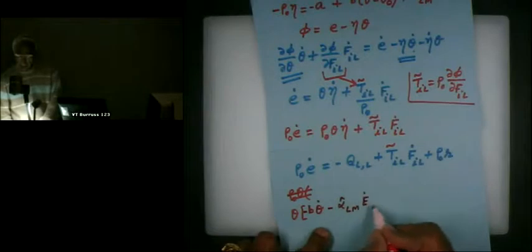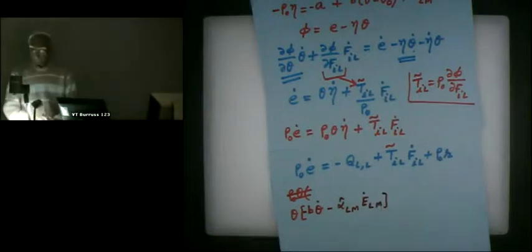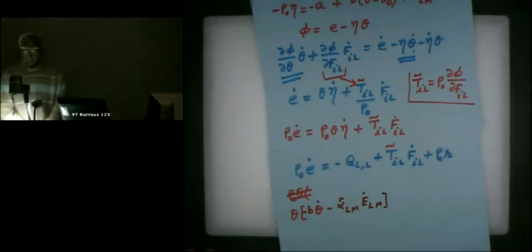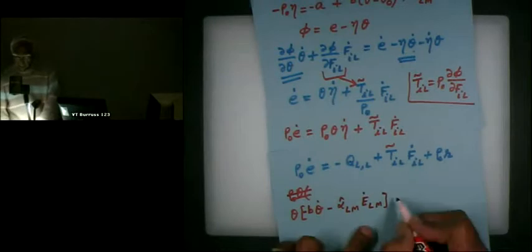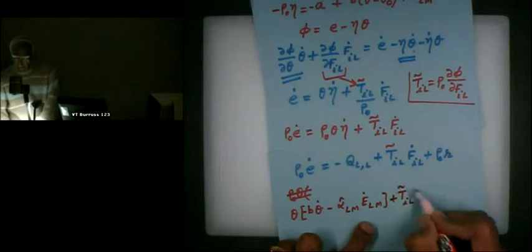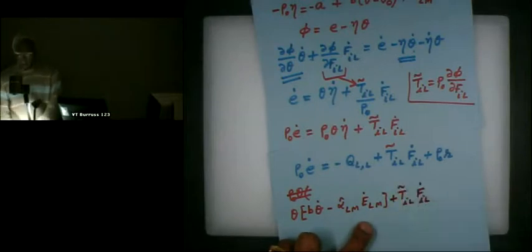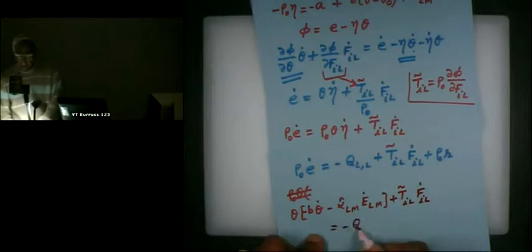So I should have a minus B here, and minus alpha LM hat ELM dot, plus TIL tilde F dot IL should equal minus QL comma L plus TIL tilde F dot IL plus rho 0 R. And now we are in business, I think.